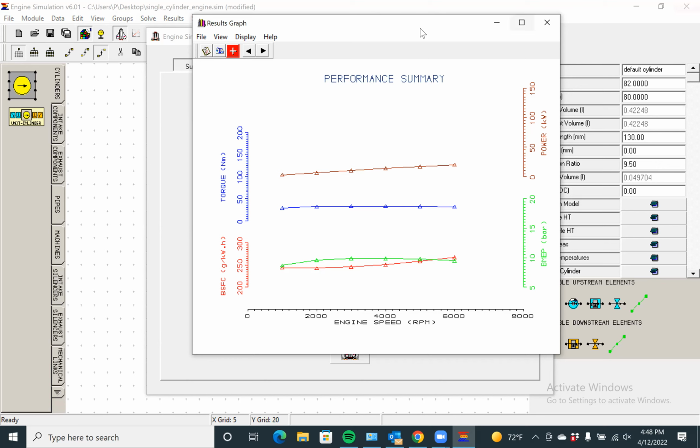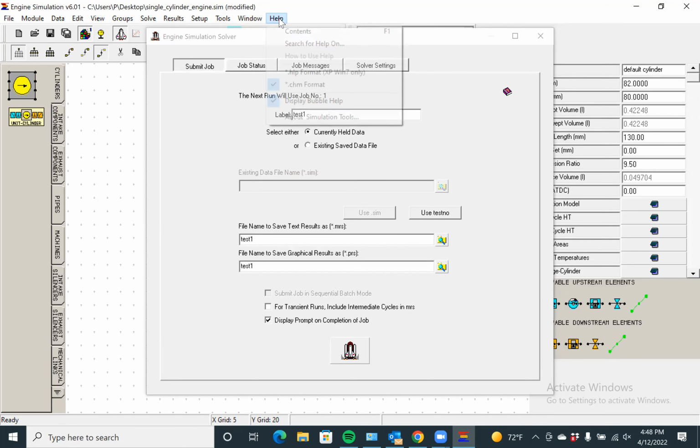So any questions from my online students before I stop sharing this Lotus engine simulation screen? Does anyone want me to run through this process again, or is everyone comfortable? Yeah, of course. If you want to do multi-cylinder engines, go to help. Actually, don't go to help.